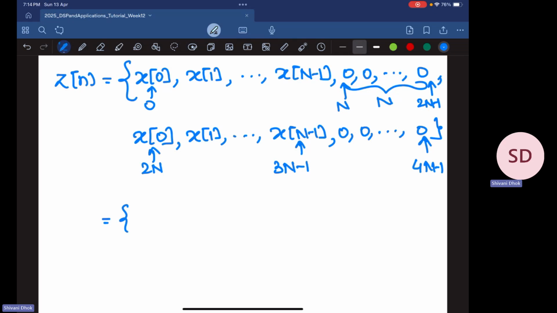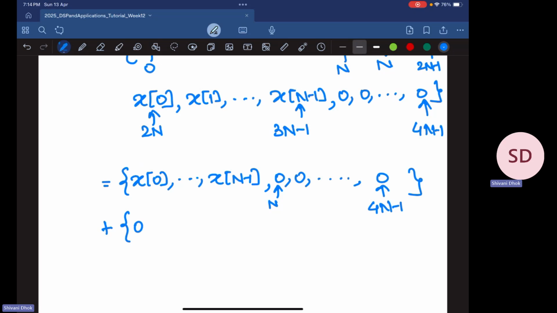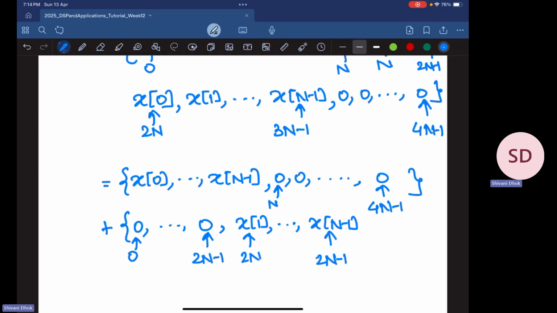I can write this as x of 0 and so on till x of N minus 1, and then zeros from N to 4N minus 1, plus zeros from 0 till 2N minus 1, and then x of 0, x of 1 and so on till x of N minus 1, which is at 2N to 3N minus 1, and then again zeros till 4N minus 1.